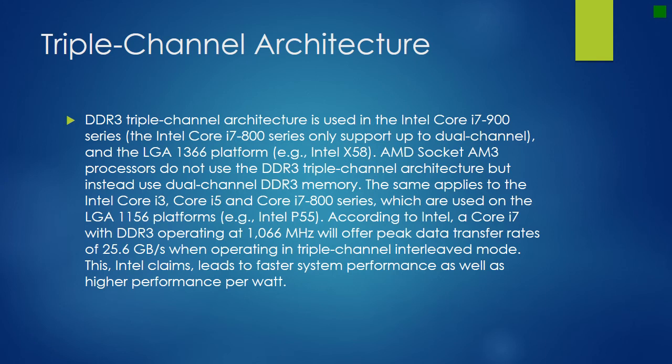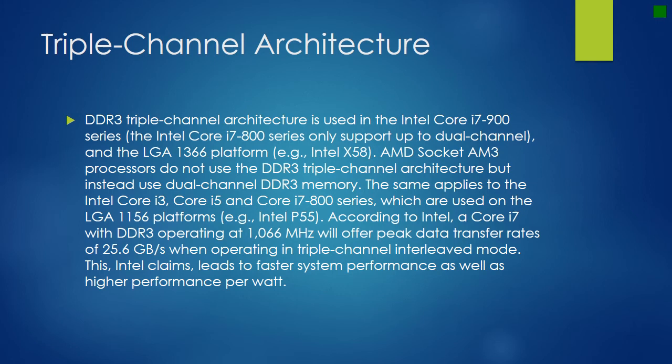So the DDR3 triple channel architecture is used in the Intel Core i7-900 series, also in the LGA 1366 platform. AMD socket AM3 processors do not use the DDR3 triple channel architecture, but instead use dual channel DDR3 memory. The same applies to the Intel Core i3, Core i5, and Core i7-800 series, which are used on the LGA 1156 platforms.